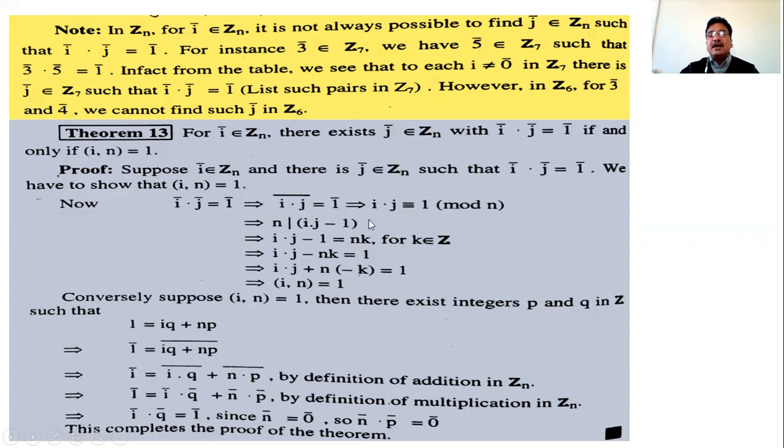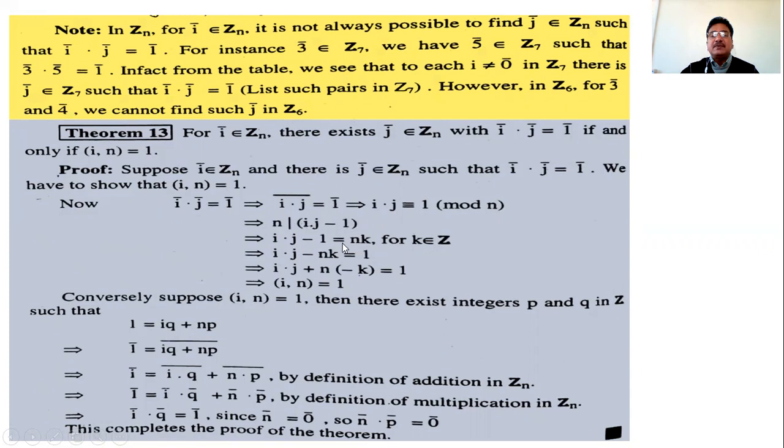And this implies n divides I into j minus 1. Therefore, n divides I into j minus 1. This is by using the definition of congruence relation. That is, a is congruent to b modulo n implies n divides a minus b. And then by using the definition of divisibility, n divides this number means this number is expressed in the form n into some integer.